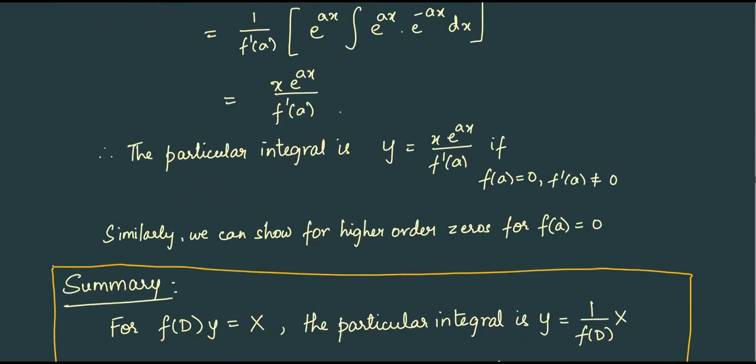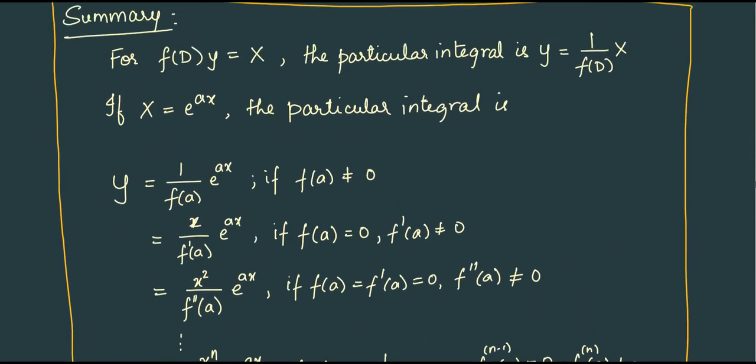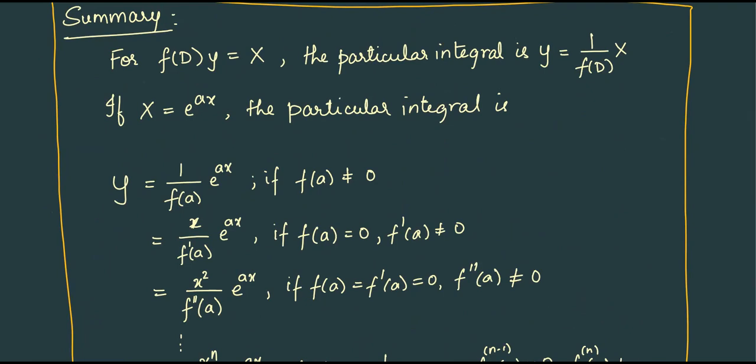So I'll write a summary case here. We don't repeat the whole thing. When the right hand side has an exponential function, now this is f of D times y equals X, and X is e power ax.